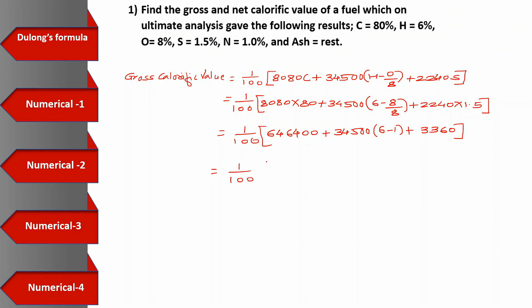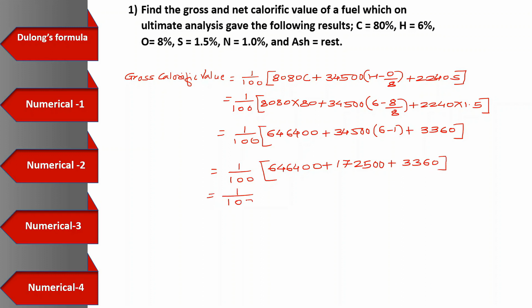Then 1 upon 100 into [646,400 plus 5 into 34,500, which by calculation is 172500, plus 3360].